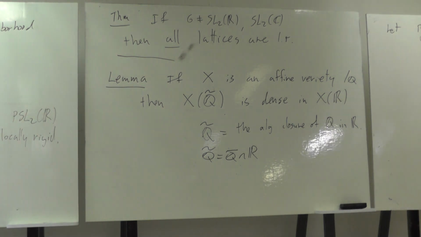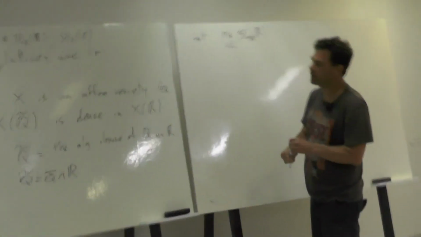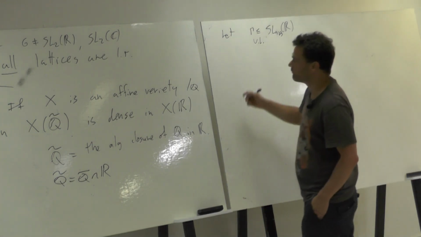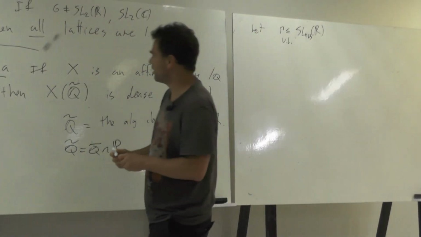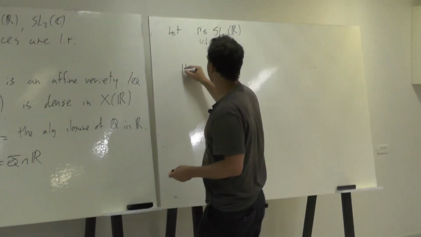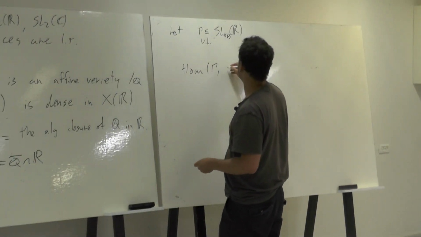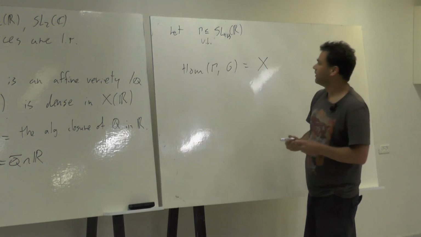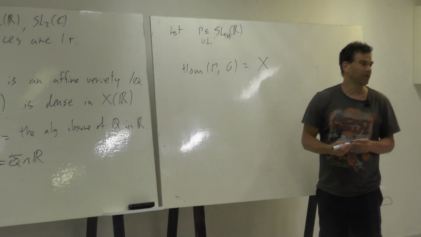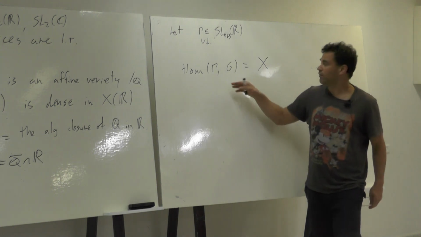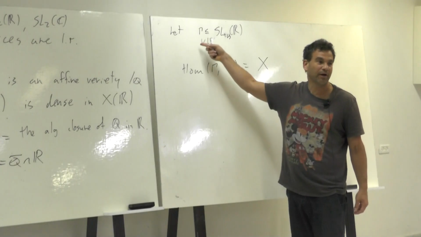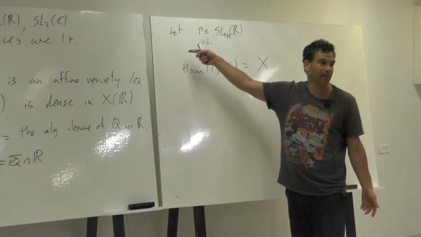So let Gamma be a uniform lattice in SL_N(R), and then I look at Hom(Gamma, G). I call it X, an algebraic variety defined over Q. Next to the inclusion there is an algebraic point.